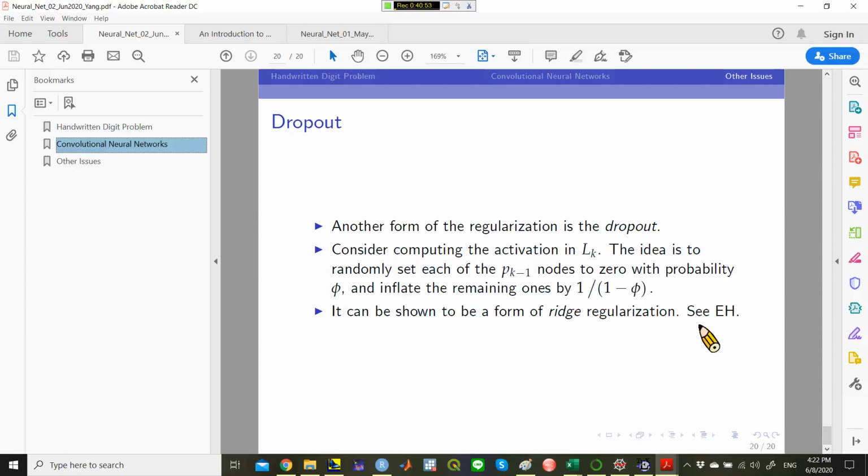What is dropout? Remember, in our model, we have many different weights and many different neurons, many different activations.